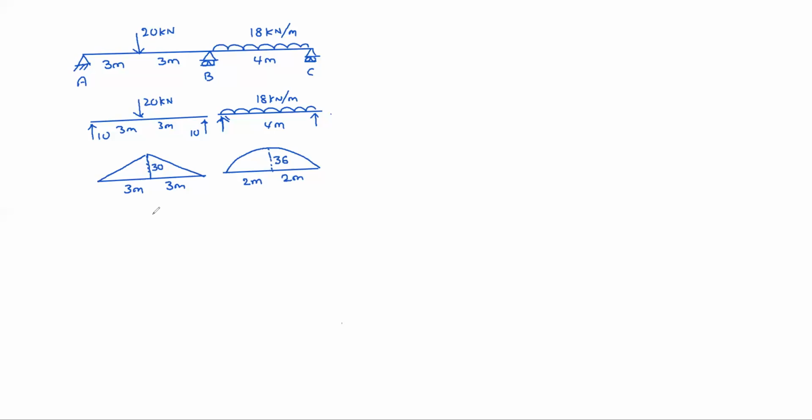Now, based on this, A1 equal to half into 6 into 30, that is 90. A2 equal to 2/3 into 4 into 36, that is 96.